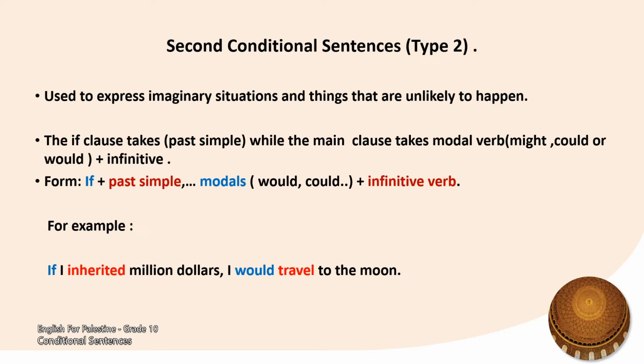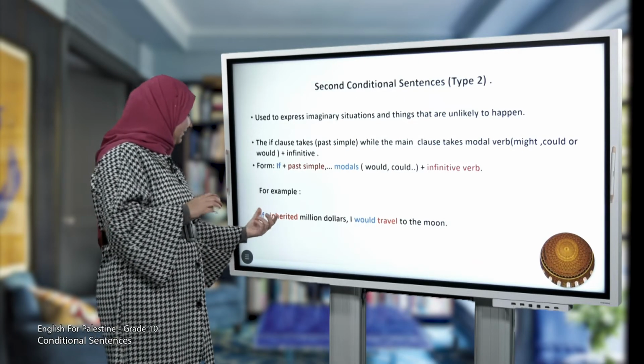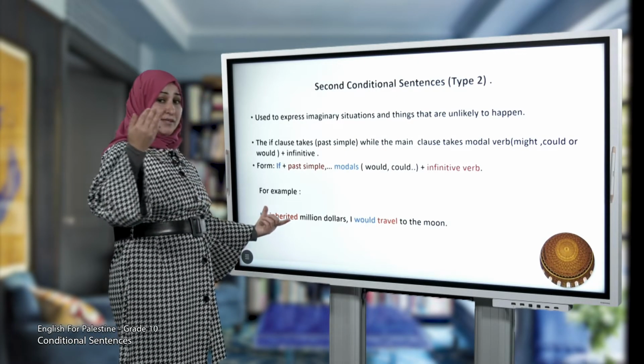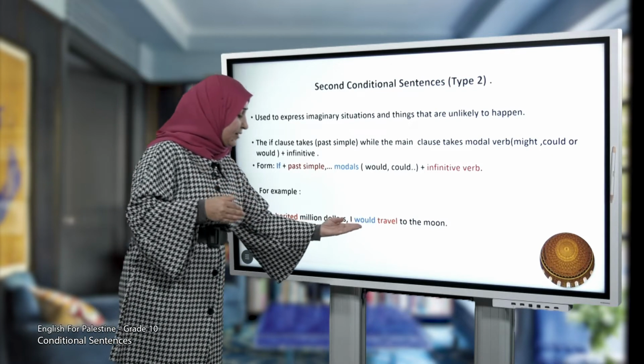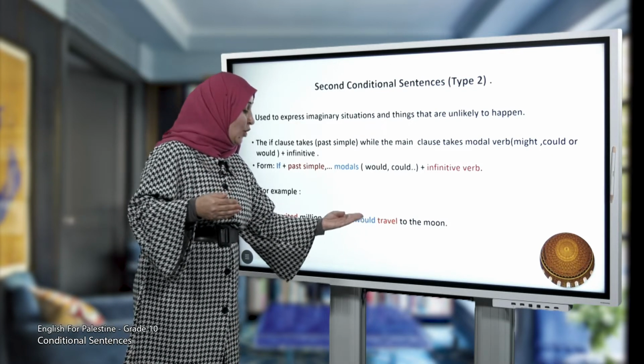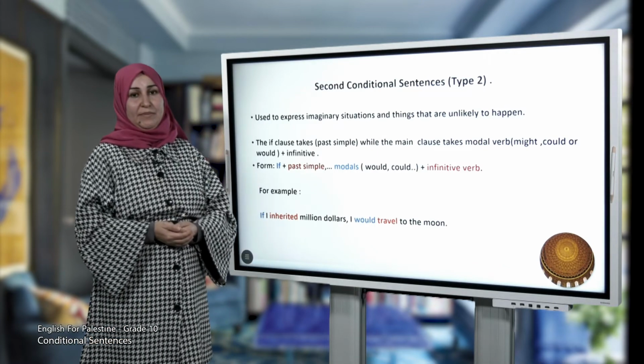In the other clause, we will have a modal such as would or could or might plus infinitive verb. For example, if I inherited $1 million, I would travel to the moon. Notice that the verb with the if clause is simple past and the other verb in the other clause is would plus verb infinitive.